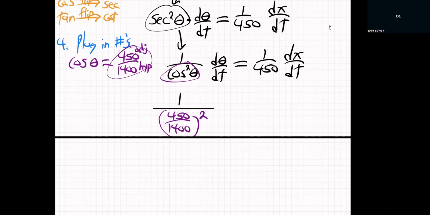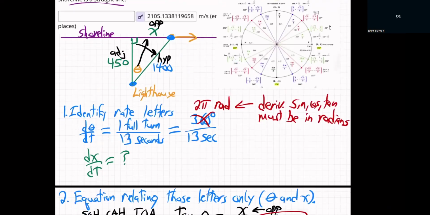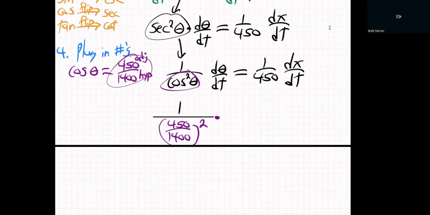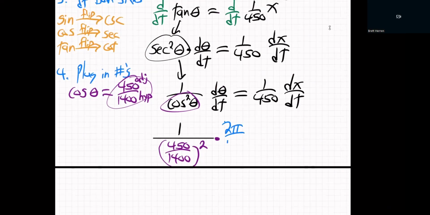And cosine is 450 over 1,400 times, and then what's d theta dt? I think we have that up here, don't we? Oh yeah, right here. So d theta dt is 2 pi over 13. So that's 2 pi over 13. And I'm going to say equal 1 over 450 dx dt.